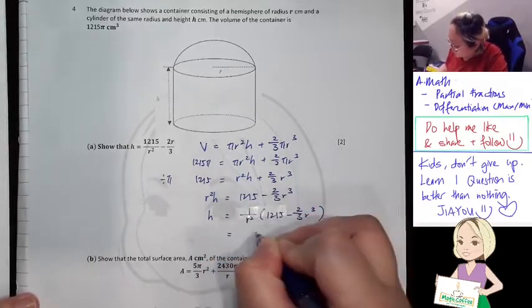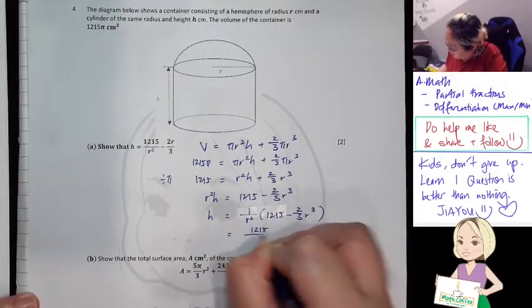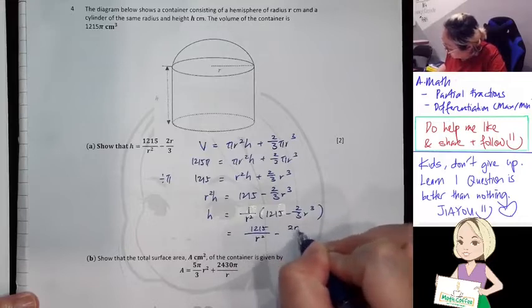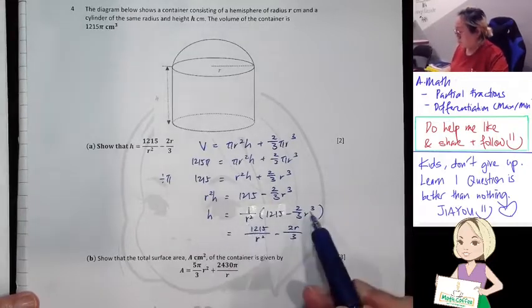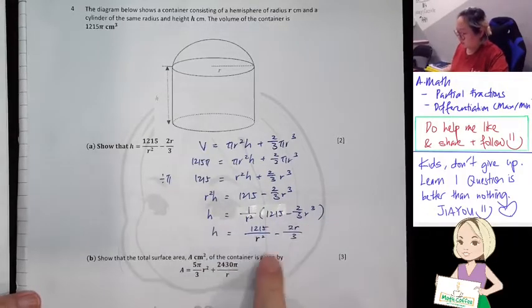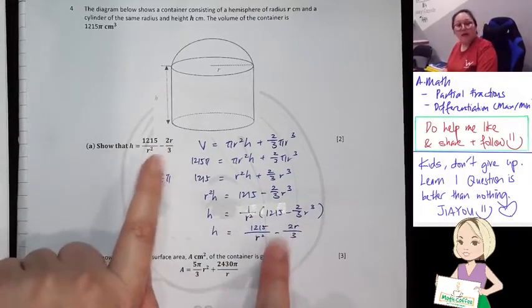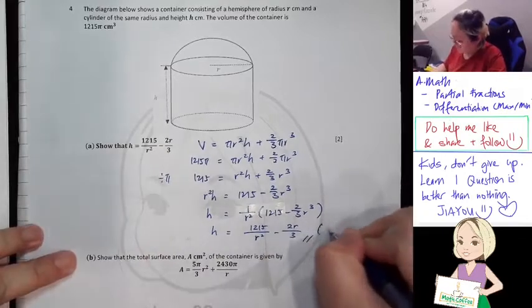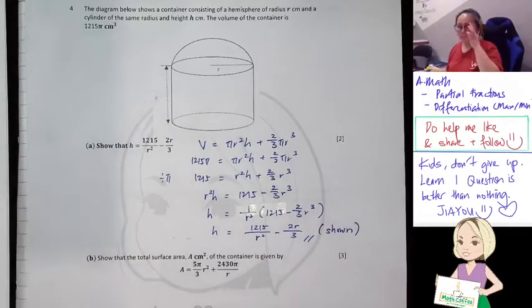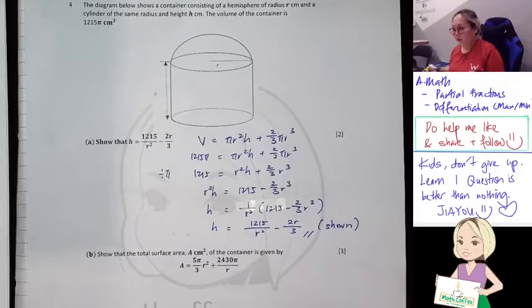So now I have 1215 over r square minus 2r over 3. R square and r cubed, cancel the r square, I still have an r at the numerator, and then the 2/3. And you see, it's exactly the same. Shown. Okay?